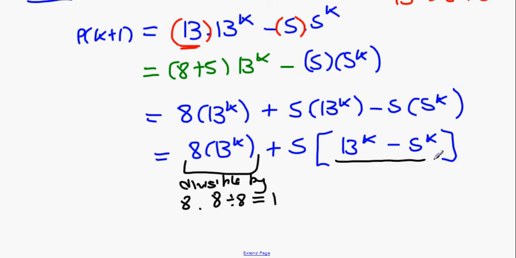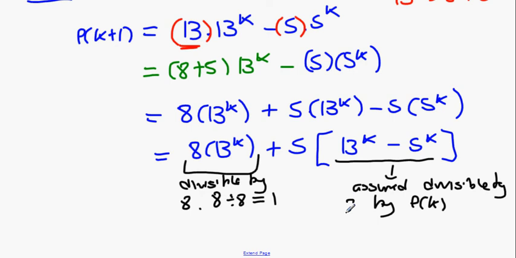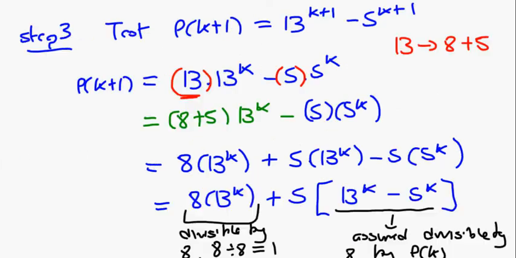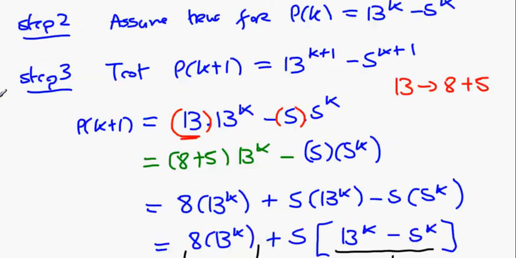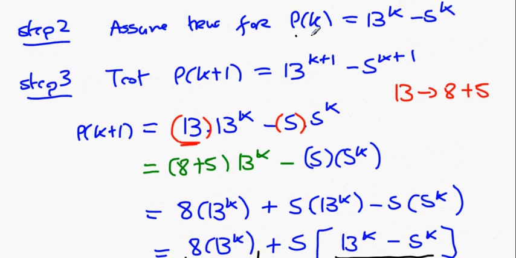Okay, this part here is assumed divisible by 8 by P of k, because remember, look, it's the same thing as P of k. Here it is here.